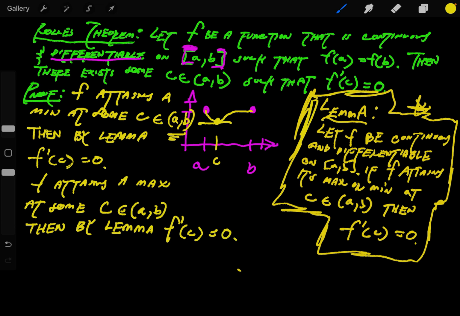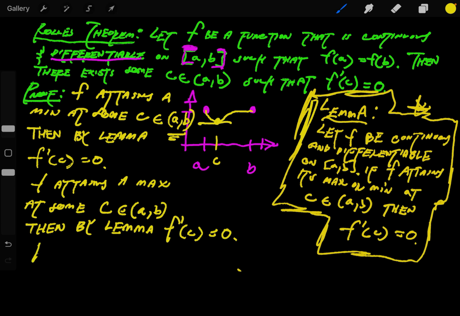So now we have it where f attains some min, f attains some max. Now the only other option would be that f doesn't attain a min and f doesn't attain a max. If f attains any min or any max, then by the lemma the derivative will be 0 at that point.